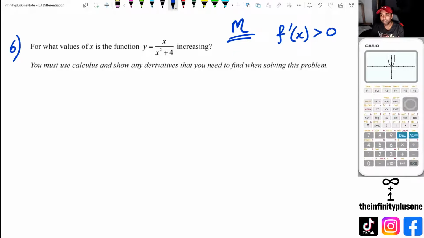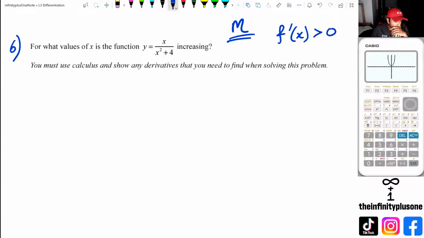So that's the clue I'm going to give you. Try this out. And also remember that this is quotient rule.